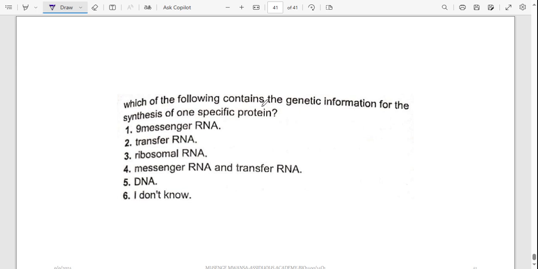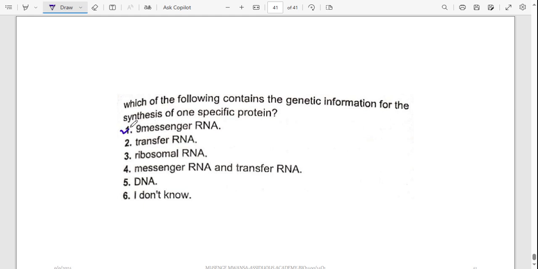Which of the following contains the genetic information for the synthesis of one specific protein? Remember, genetic information is found where? Messenger RNA, transfer RNA, ribosomal RNA, messenger RNA and transfer RNA, DNA.